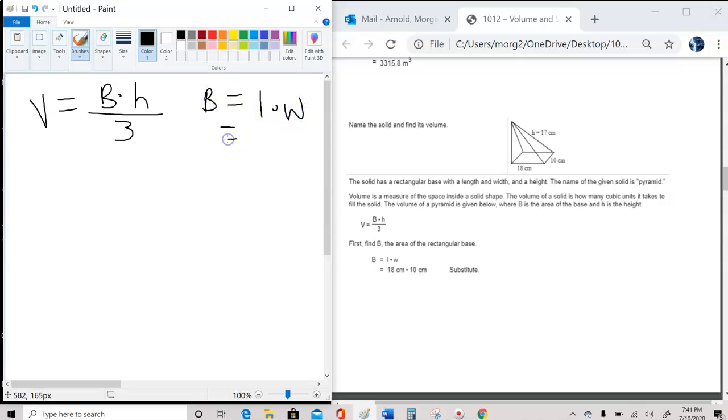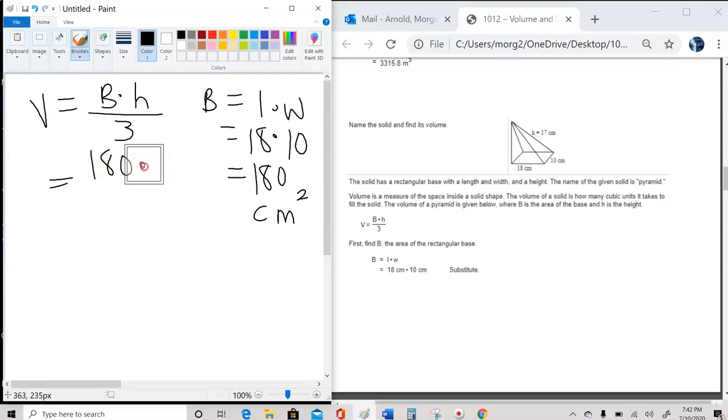Now, because our base is a rectangle, we can use the area formula length times width, in which the length is 18 and the width is 10. So capital B, or the area of the base of the pyramid, is 180 square centimeters.